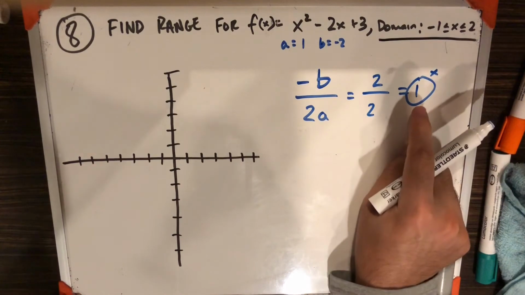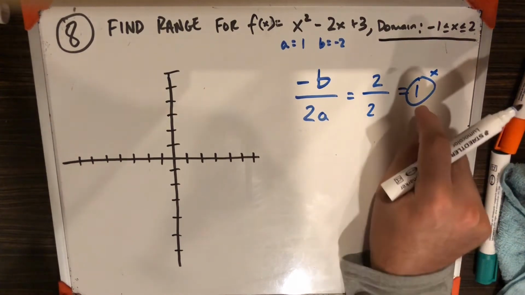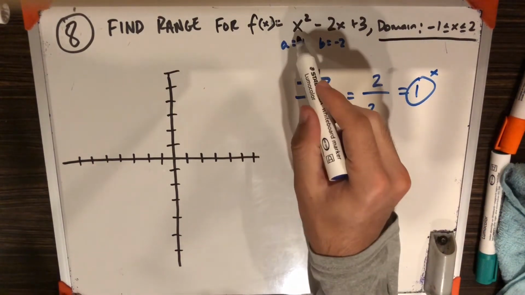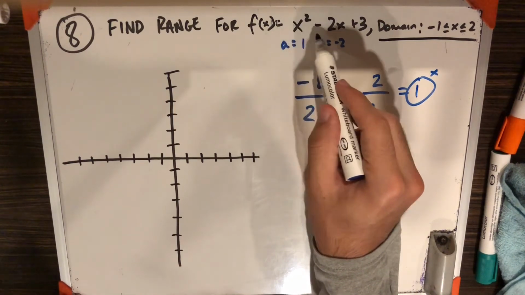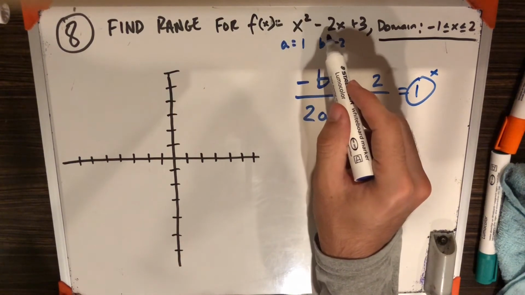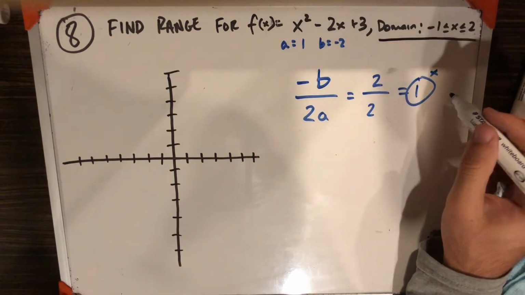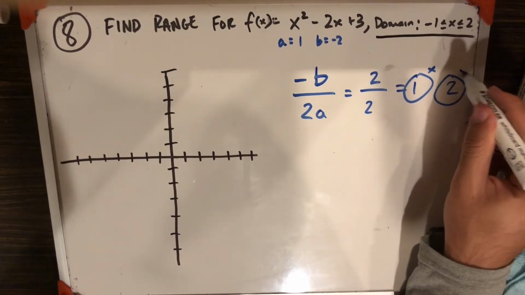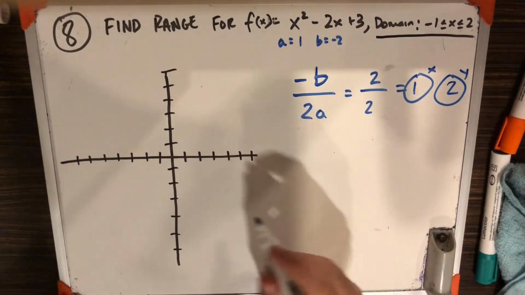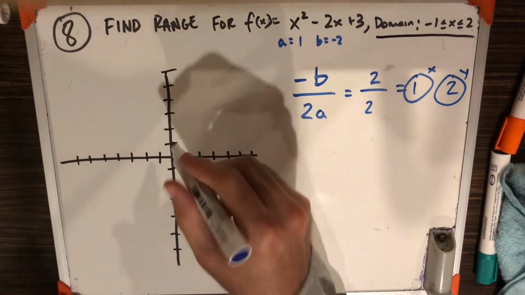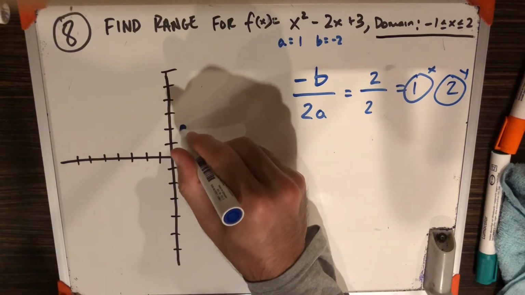Okay, so this is the first part of our vertex. When we plug in 1, that's 1 squared, which is 1. 1 minus 2, which is negative 1. Negative 1 plus 3 ends up being a value of 2. So I know my vertex is 1 and 2.